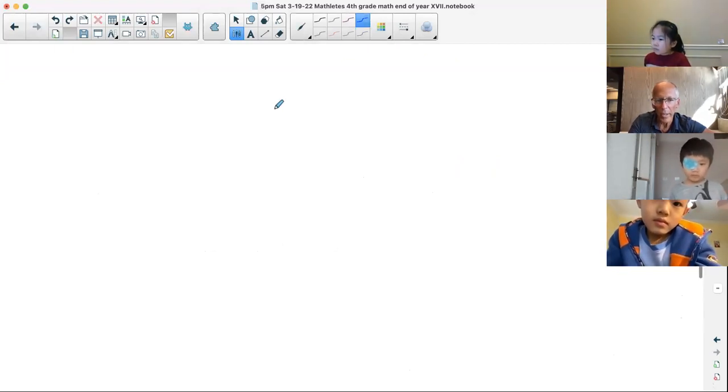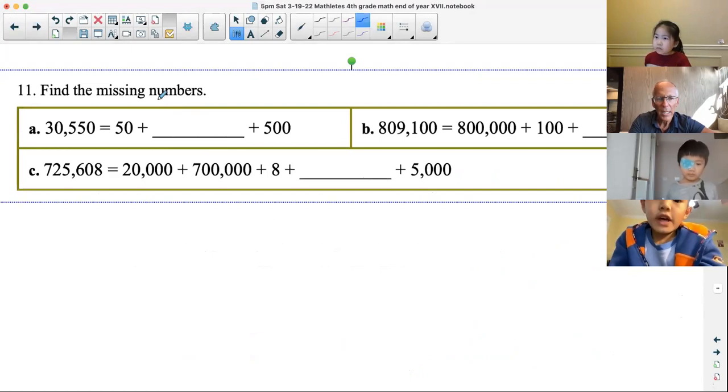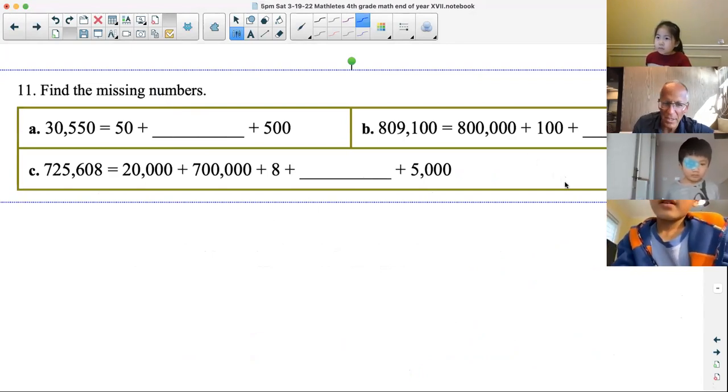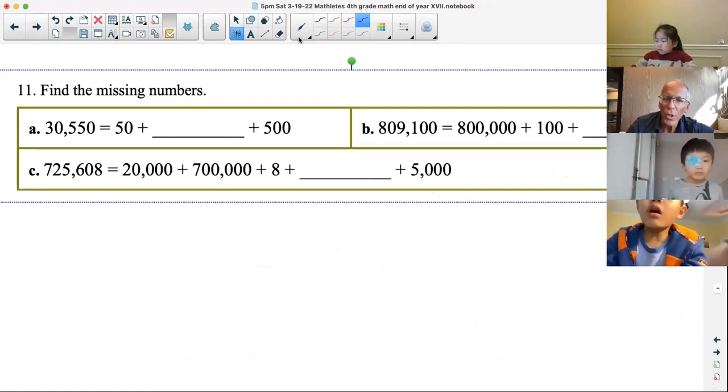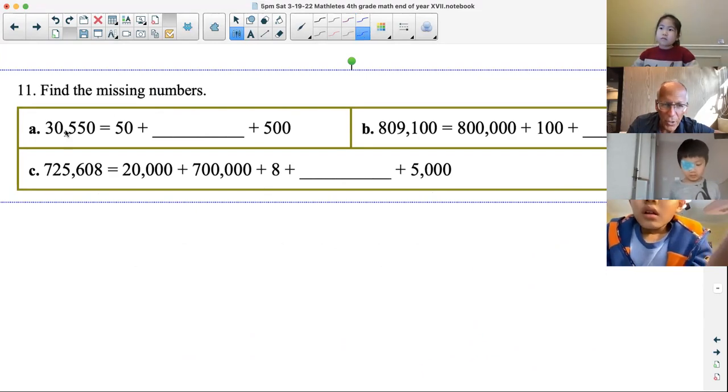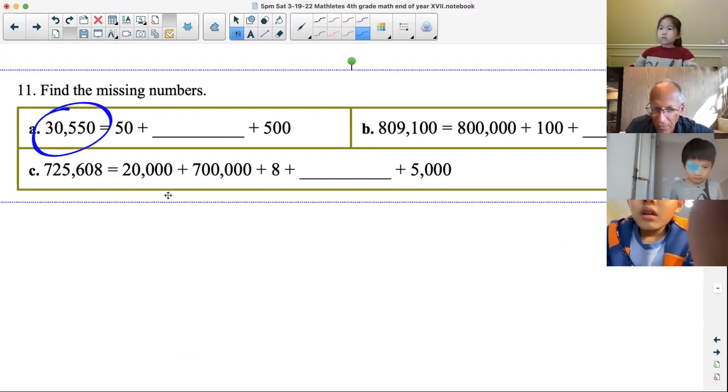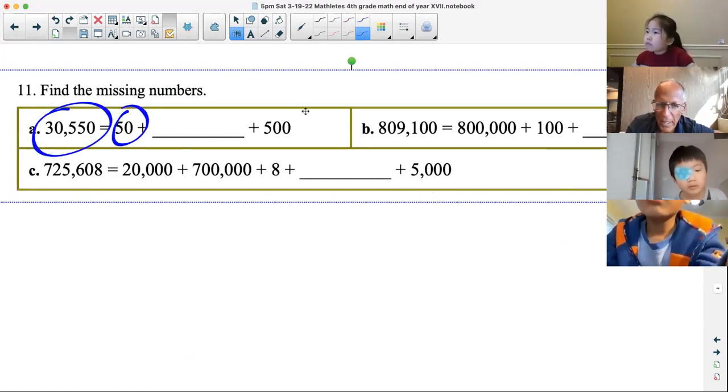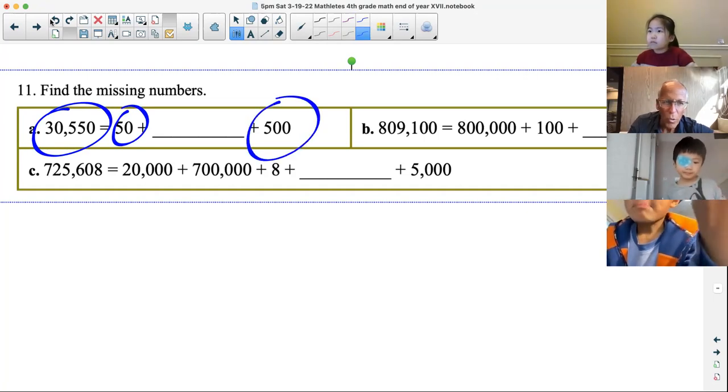Let's see if we can do it. I call this find the missing number. The number we want is 30,550. We have a 50 and a 500. What are we missing?